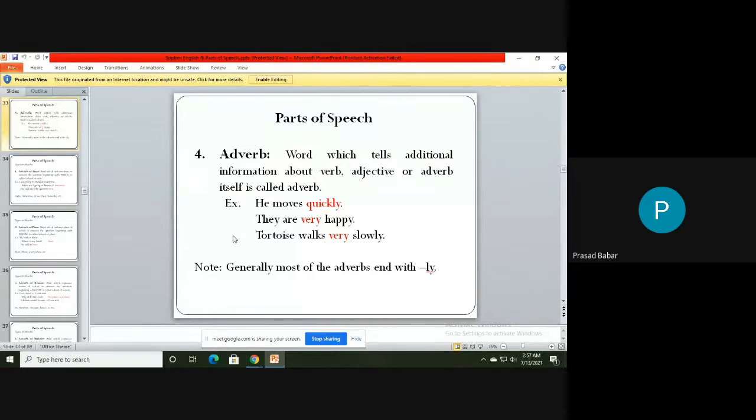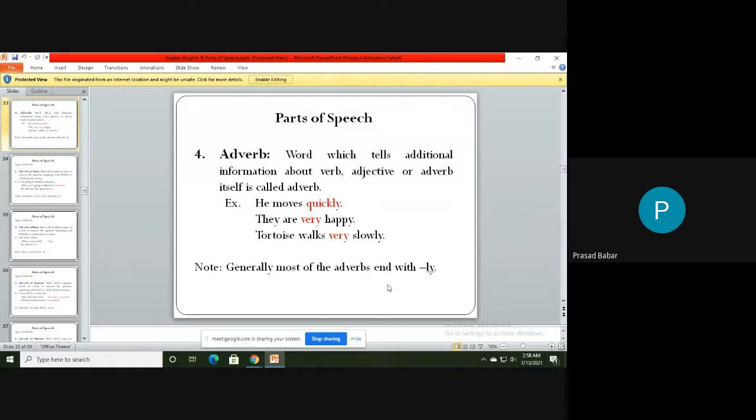So let's take the note that generally most of the adverbs end with ly. So what is the note? There is an important note, and that is generally most of the adverbs end with the ly suffix.